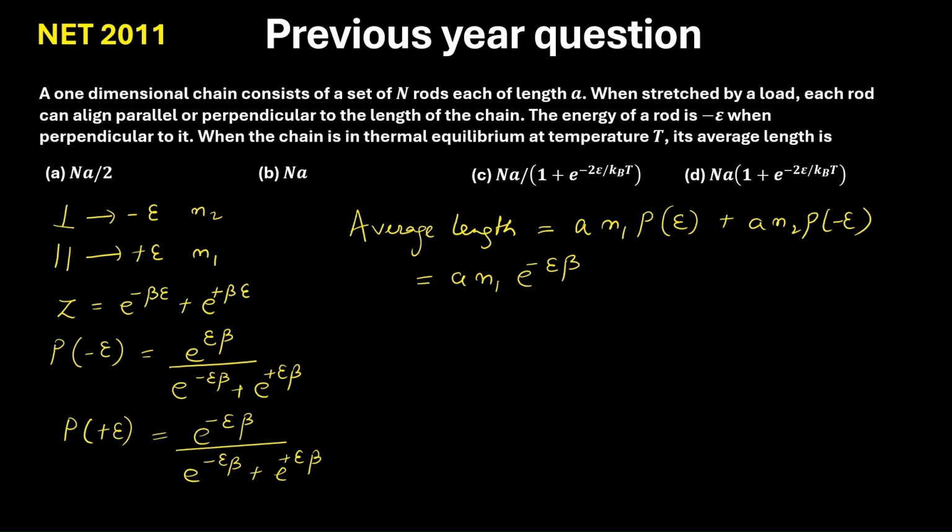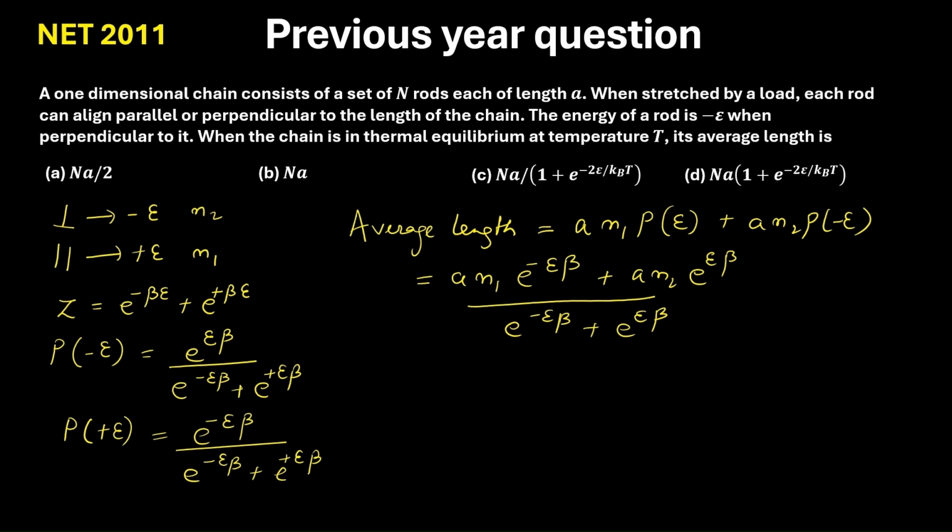The partition function factor will be common in both these terms. So I'm just writing A N2 here, e to the power epsilon beta divided by e to the power minus epsilon beta plus e to the power epsilon beta. So I can take this A common outside. Now we can do one trick here.